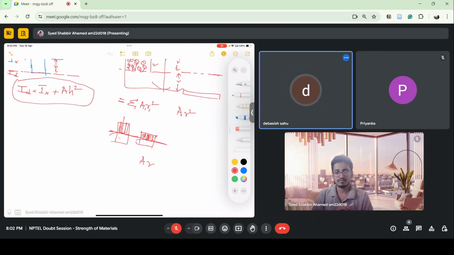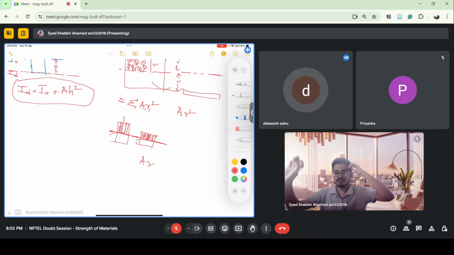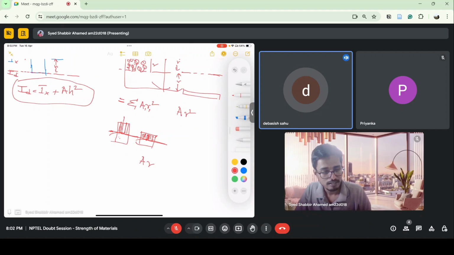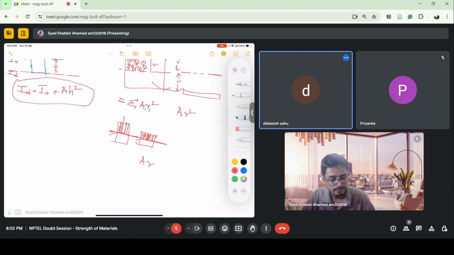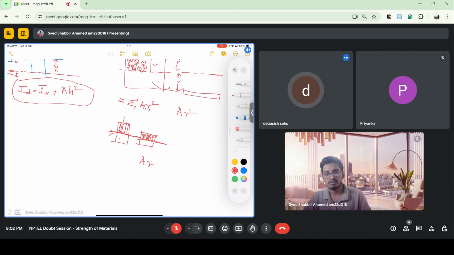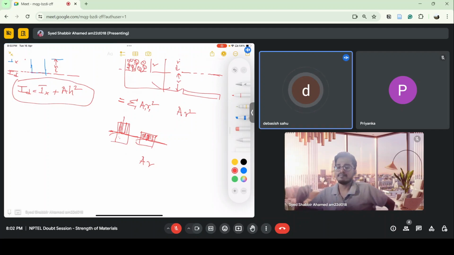That is the conservation of momentum. So we generally talk about how far your mass is distributed from the axis. If it is present away, then it will have more resistance.